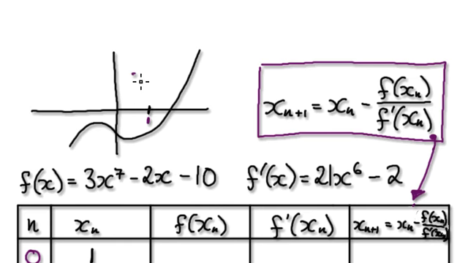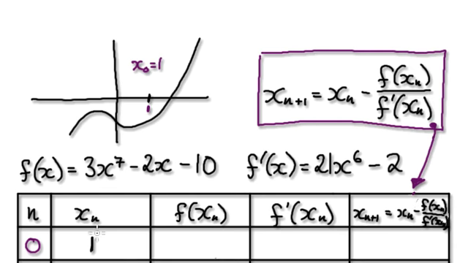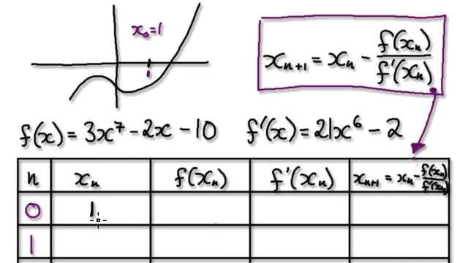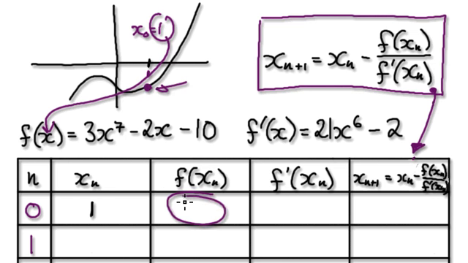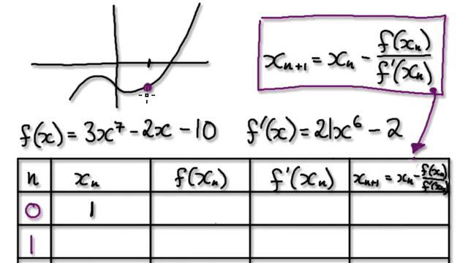You're given x0 equals 1. So that's this bit here. X0 would be 1. Then put this into your original function. That will take you to this point here. Once you've got this point, you need to find out the gradient at this point.